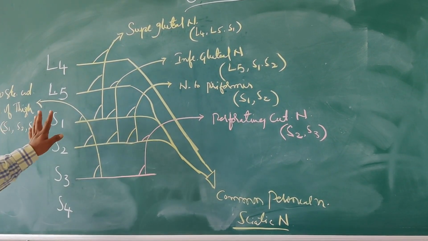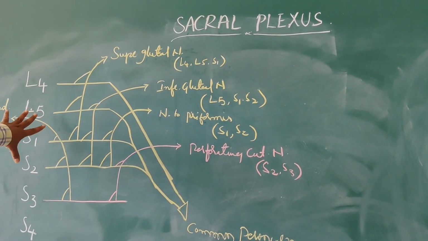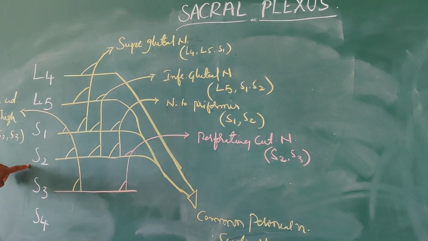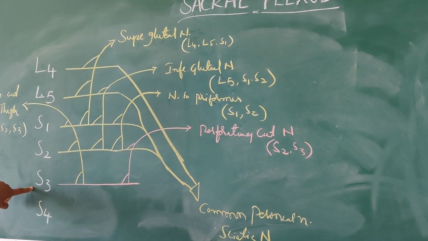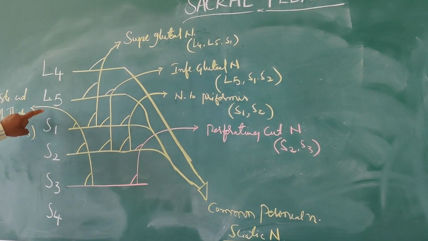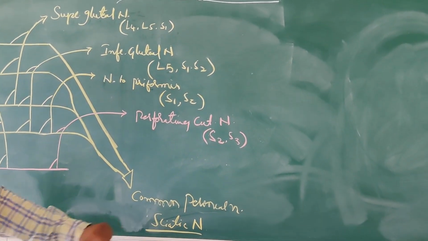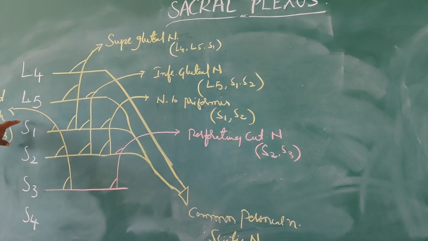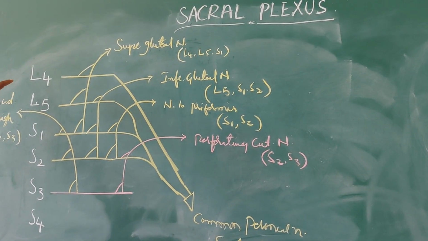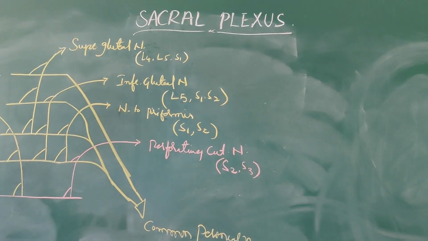So these are the nerves arising from the posterior divisions of L4, L5, S1, S2, S3. Let me repeat. The posterior divisions of L4, L5, S1, S2 unite and form the common peroneal nerve, a component of the sciatic nerve. Posterior divisions of L4, L5 and S1 form the superior gluteal nerve.